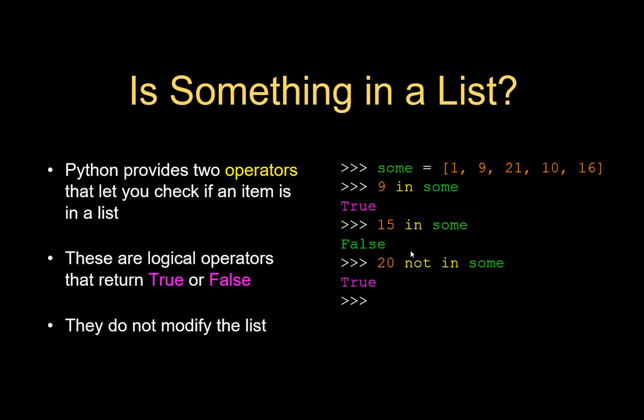We don't have 15, so the result is false. The next one is, is 20 not in our list? 20 indeed is not in our list, so the result is true. So these are the Boolean operators that we use. We can use the in operator or the not in operator, and the result is going to be either true or false.